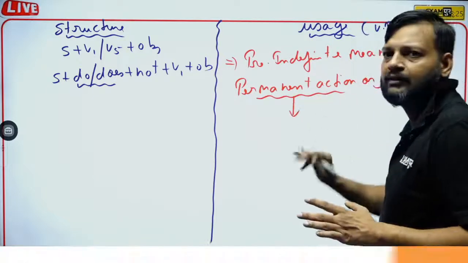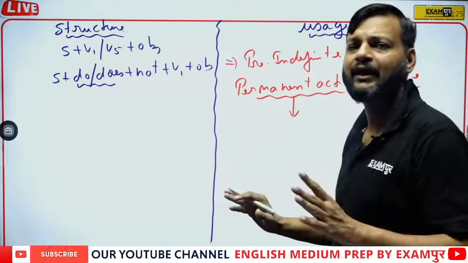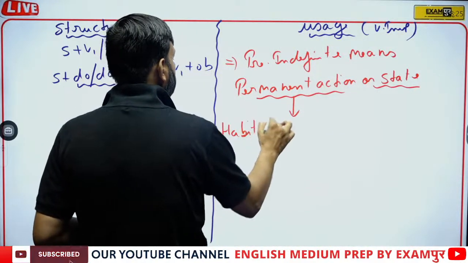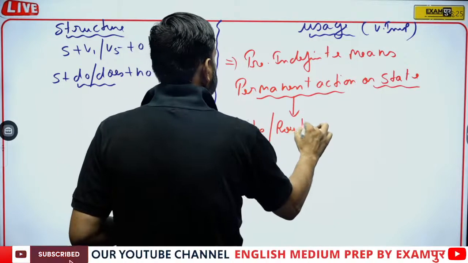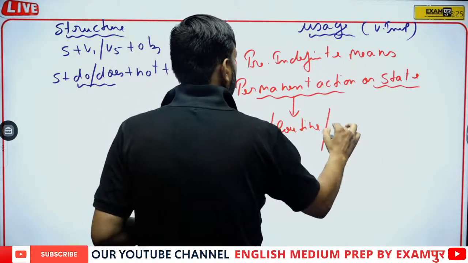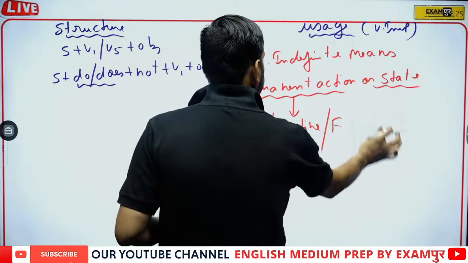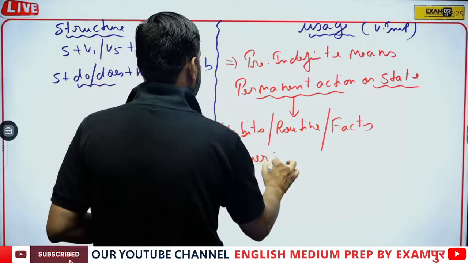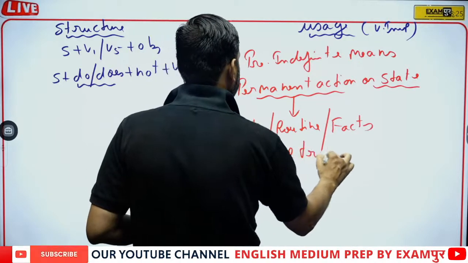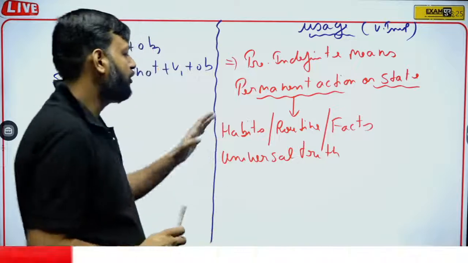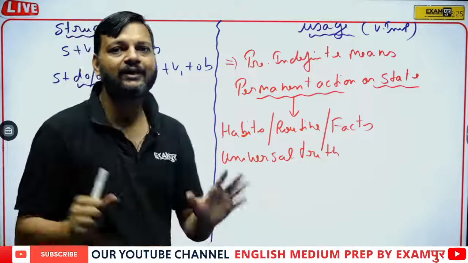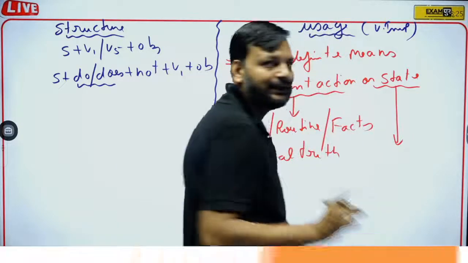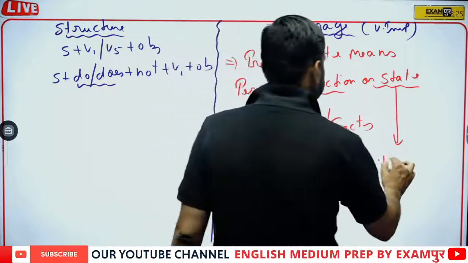Now if we elaborate what permanent actions are, we can say our habits, routine, facts, universal truth. Habits, routine, facts and universal truth are permanent actions. And what are permanent states?